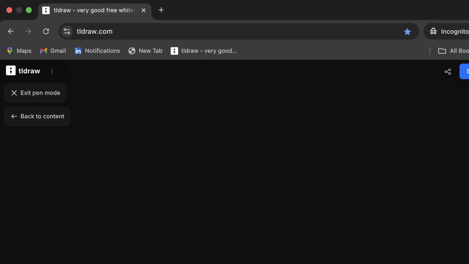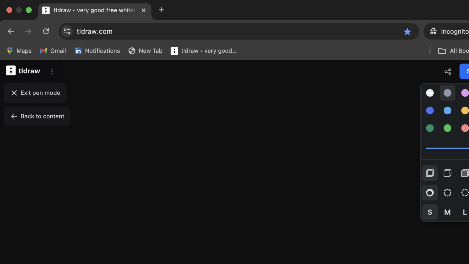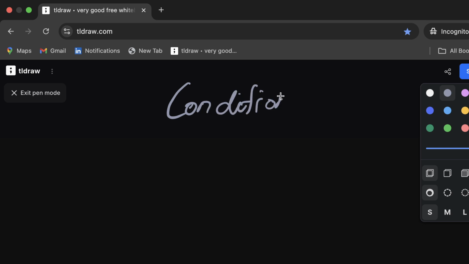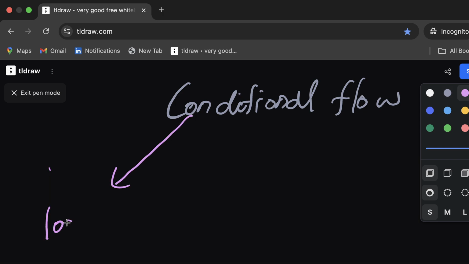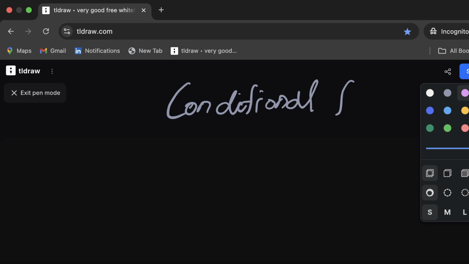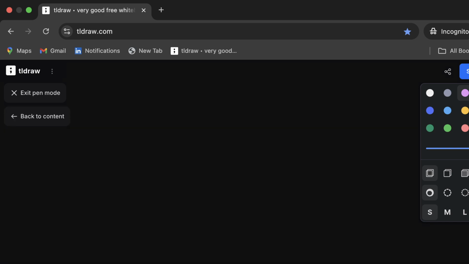Now before we go ahead, the two major issues will be when we are dealing with conditional flow. So basically we need to understand what control flow is.